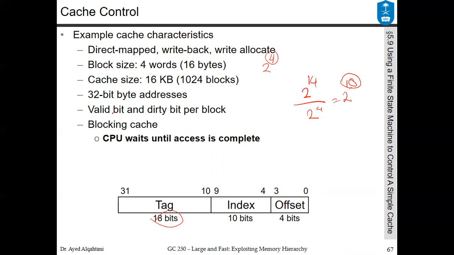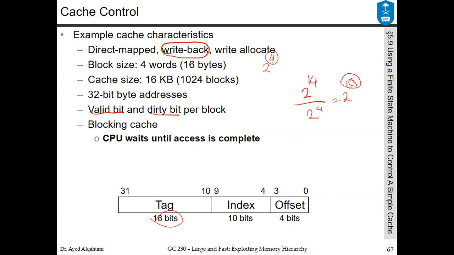You also have a valid bit and a dirty bit per block. The valid bit is to know if the contents are valid or not. The dirty bit is needed because you use the write back technique, and we have a dirty bit for every block.